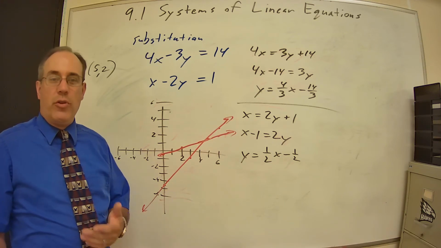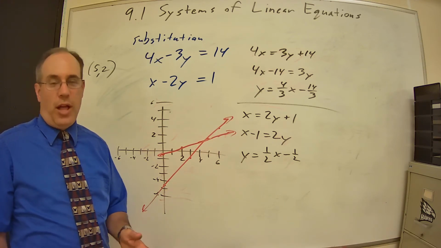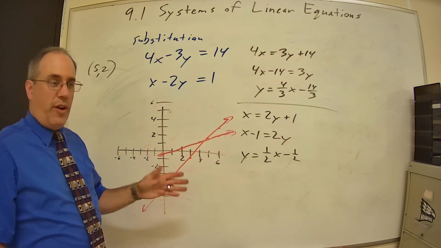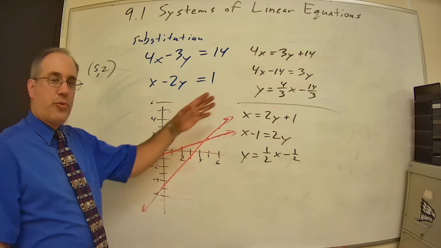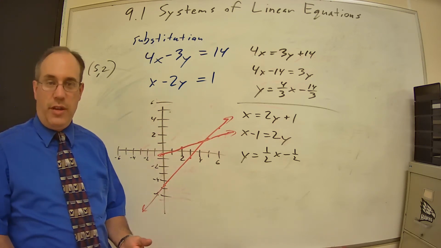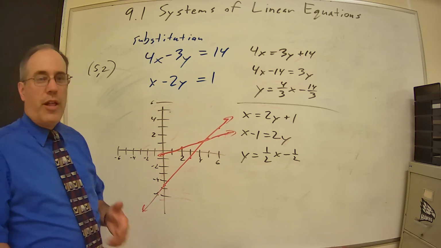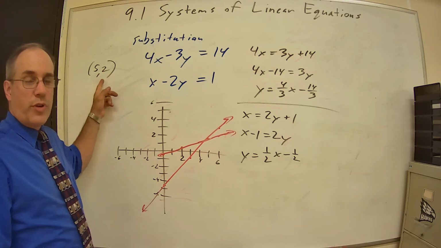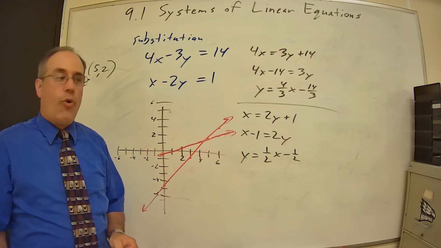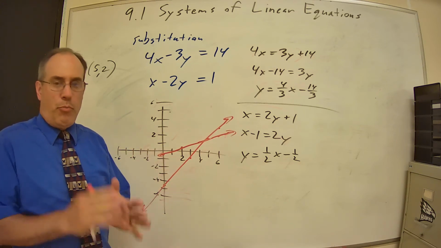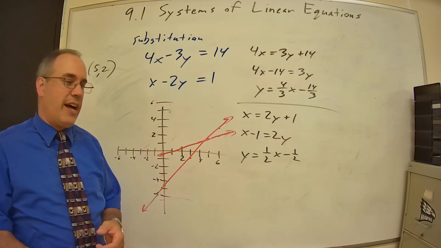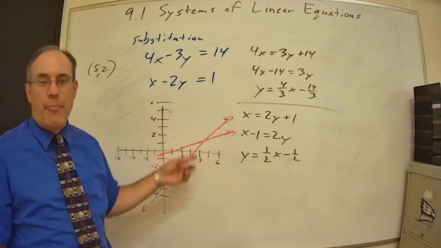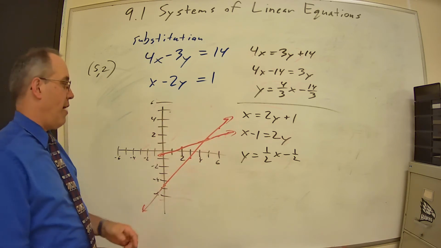And the only time I really would consider it to be even a viable option is if you already have preset grids, so everything's nice and even, you have a straight edge to make sure your line is nice and even, and you're relatively sure that the solution is going to be made up strictly of integers, or worst case, 0.5, meaning that you're not going to be to the nearest tenth or to the nearest hundredth or anything of that sort, because forget trying to get that precise on a graph.